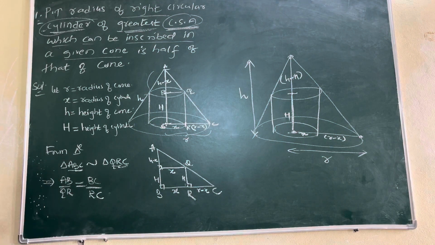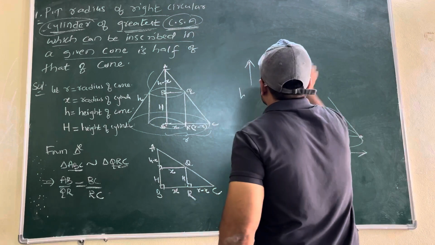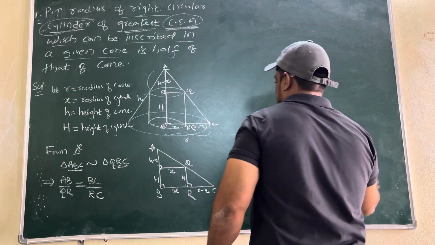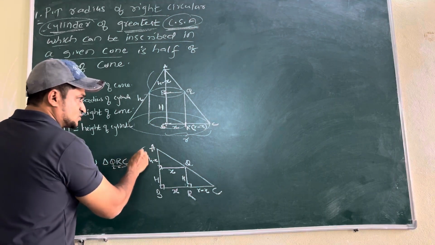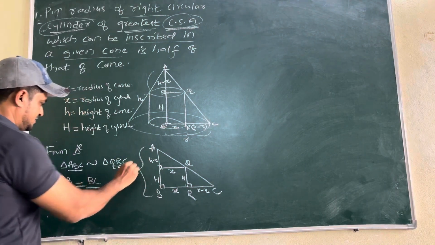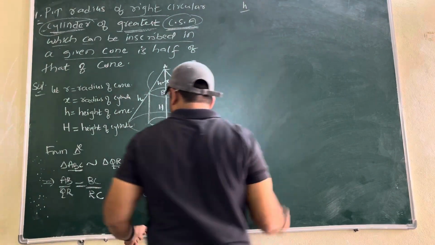So first AB. What is the AB length? This total length h. AB is h divided by QR.